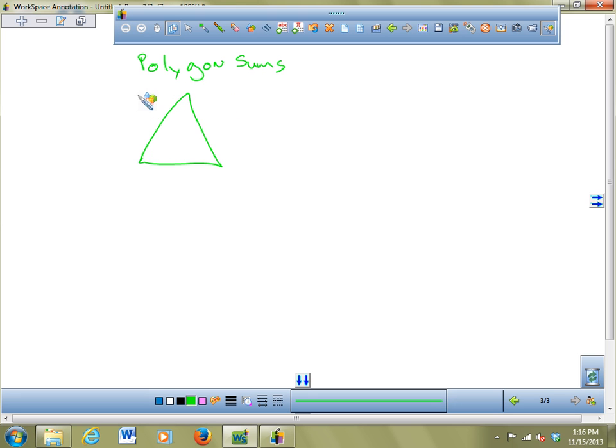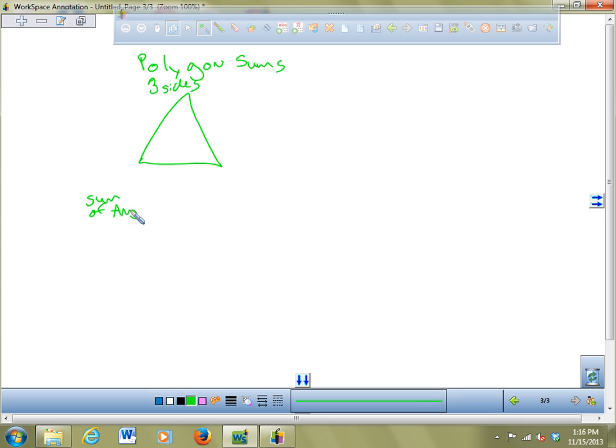If this were a triangle, if I have three sides, how many degrees do I have, what's the sum of the angles? That's 180, right?